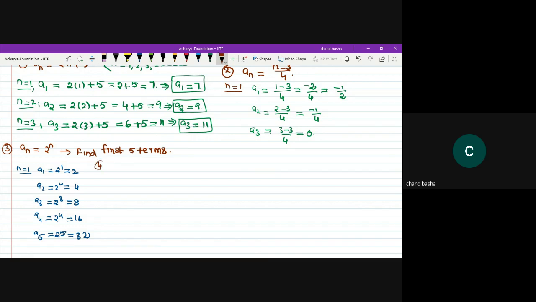Next question, first 5 terms. Problem number 4. an is equal to (-1) whole power n minus 1 into 5 power n plus 1.